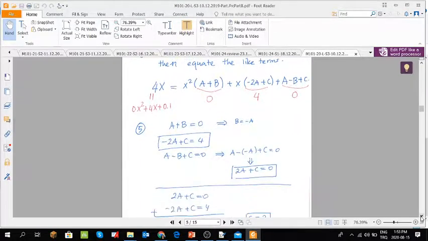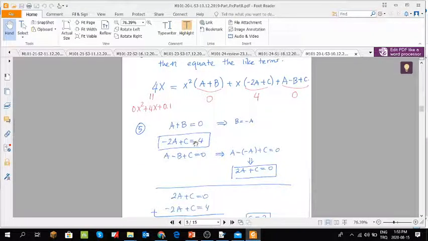Expand the terms, equate the like terms. This is 0 times x squared plus 4 times x plus 0 times 1. So x squared has coefficient 0, x has coefficient 4, constant term is 0. We put all three equations in here. a plus b is equal to 0 implies b is equal to negative a.